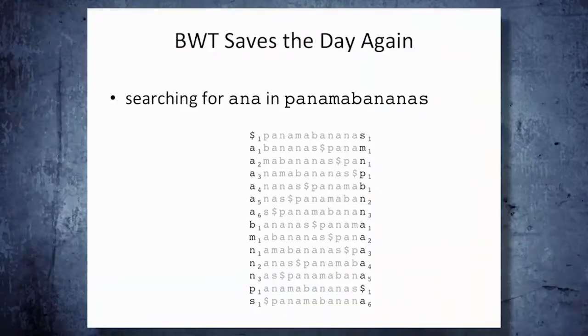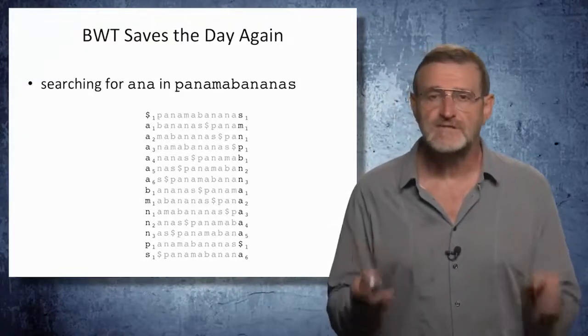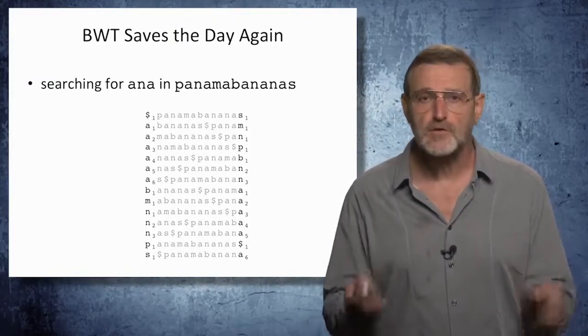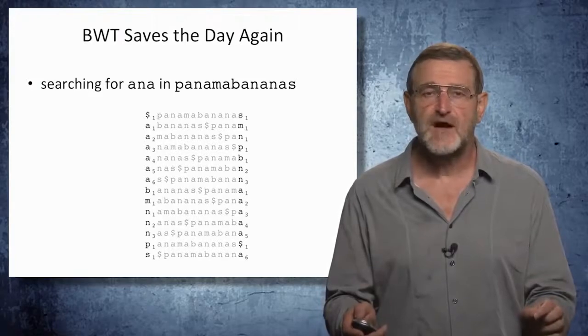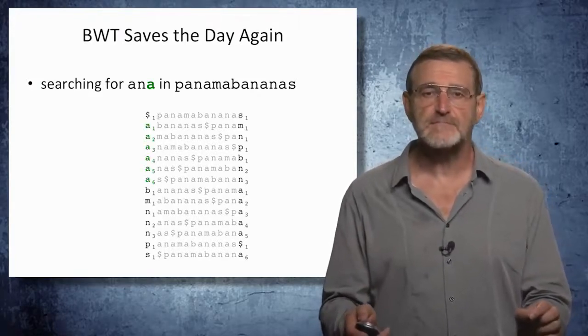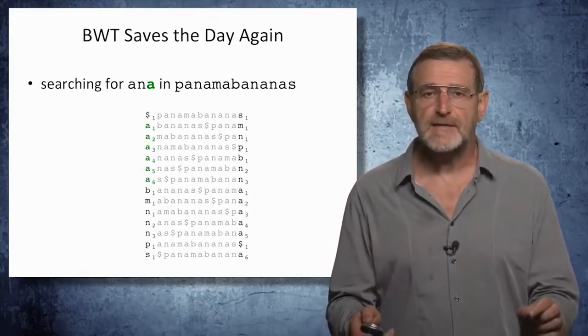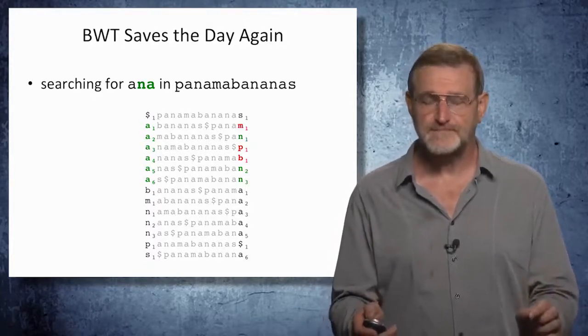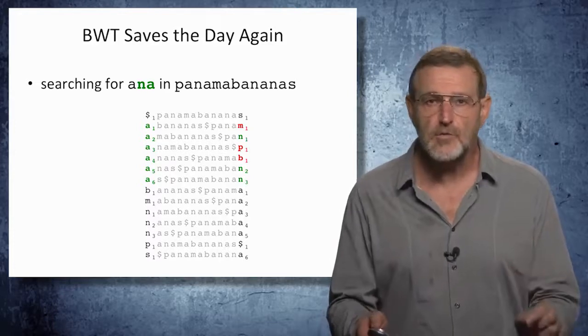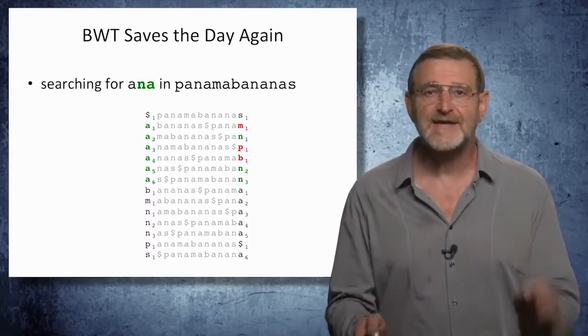Let's try to use the Burrows-Wheeler transform again to find approximate matches of Anna in Panama bananas, and we will allow up to one mutation in Anna. We'll start again with finding all rows in the Burrows-Wheeler matrix that start with Anna. Here they are, and among them we want to find rows that contain NA.